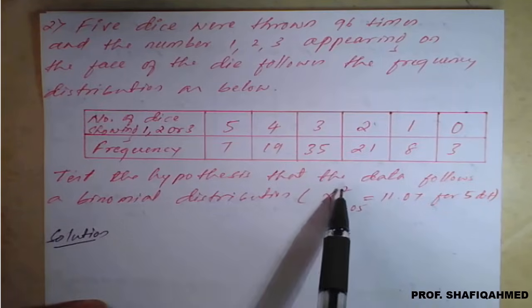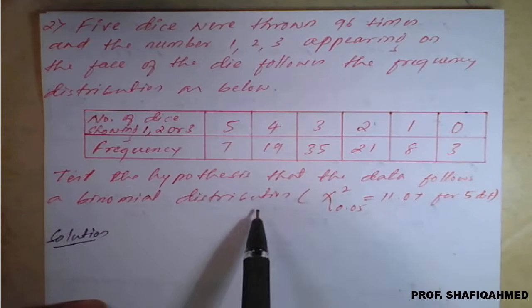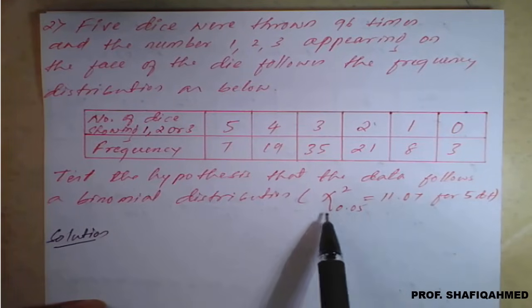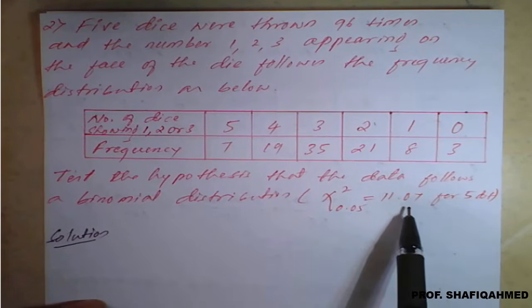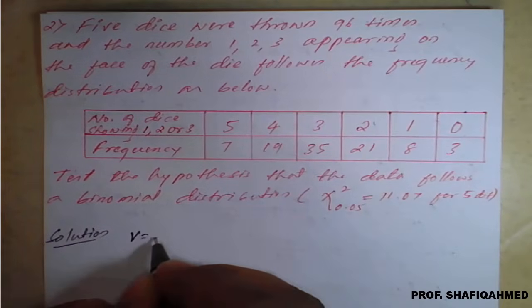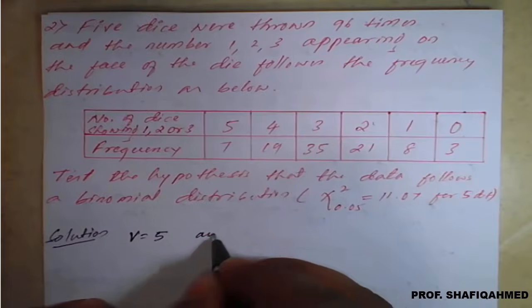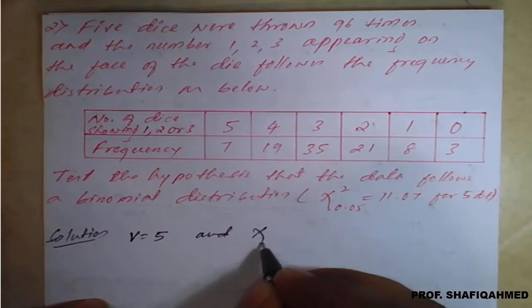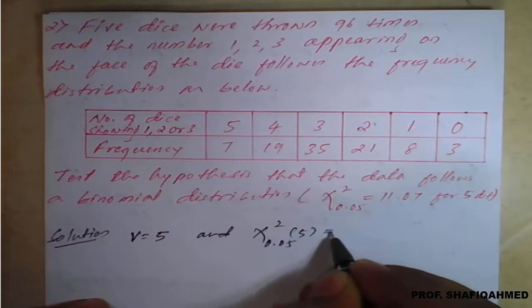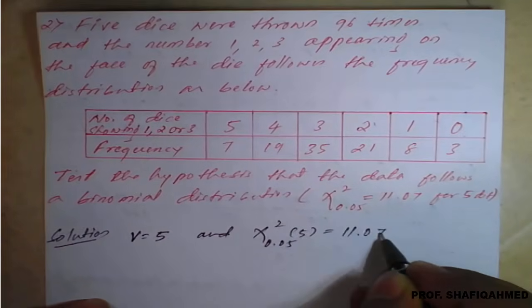Test the hypothesis that the data follows a binomial distribution, and they have given degree of freedom phi. So the chi-square table value is 11.07. So solution: V is equal to phi, and chi-square of 0.05 at degree of freedom phi is 11.07.